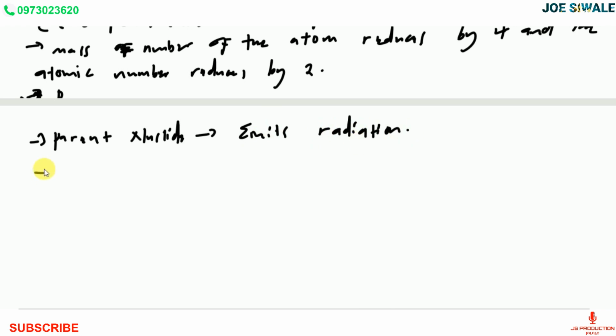Then the daughter nuclide is the resulting nuclide that is produced. So the daughter nuclide is the resulting atom.